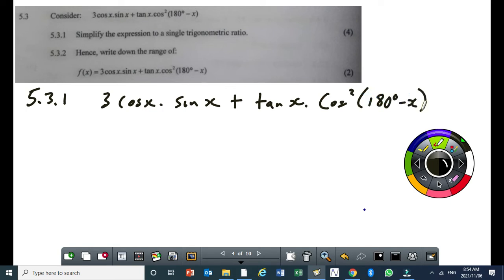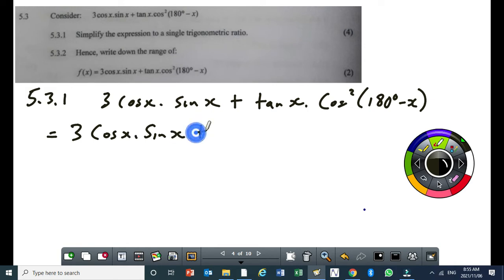Now, the first part of the expression, 3 cos x times sine x, for now we can say it's already simplified. You're not supposed to rush to touch it. It can be simplified by bringing in a double angle, but I don't want to bring the double angle as yet. So we rewrite it as it is, 3 cos x times sine x.